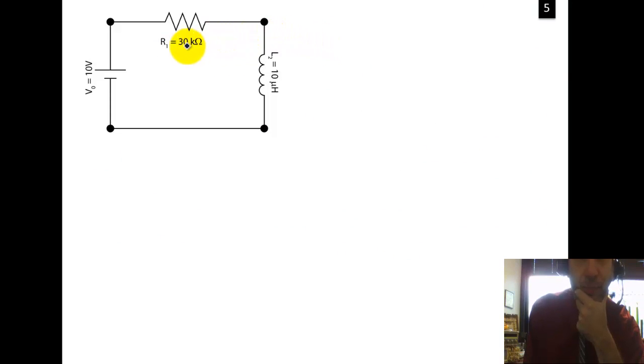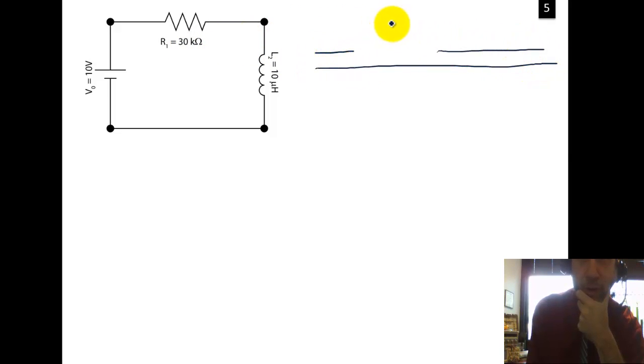So let's take a look at the case where we have an inductor in there. Remember the hydraulic analogy for the inductor is a water wheel. I have a hard time drawing beautiful water wheels, but there is our water wheel.